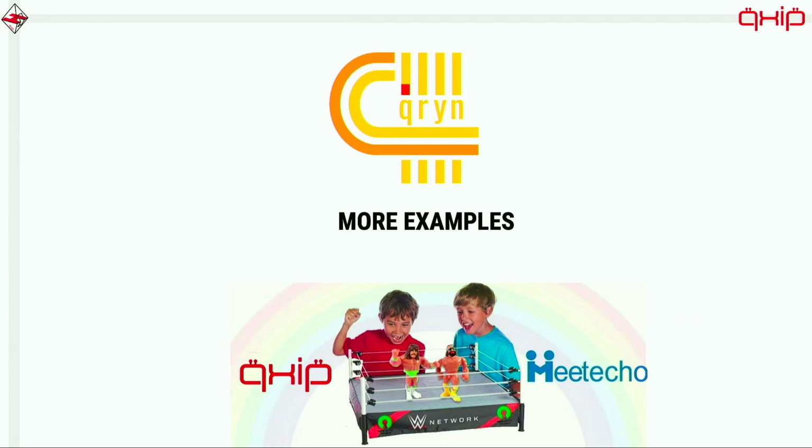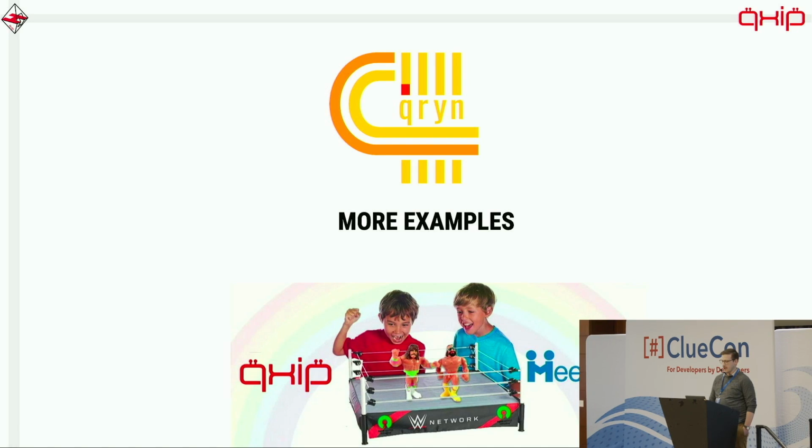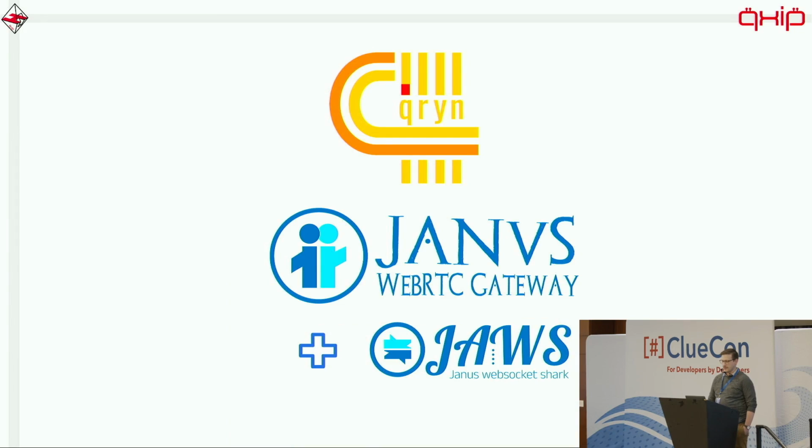So a few more examples. We've got QXIP and MeetEcho, which is the maker of Janus. We've been working together with them forever with events and how their media is reported. And we're working closely with them to have what we call the Janus WebSocket Shark, or in other words, JAWS.